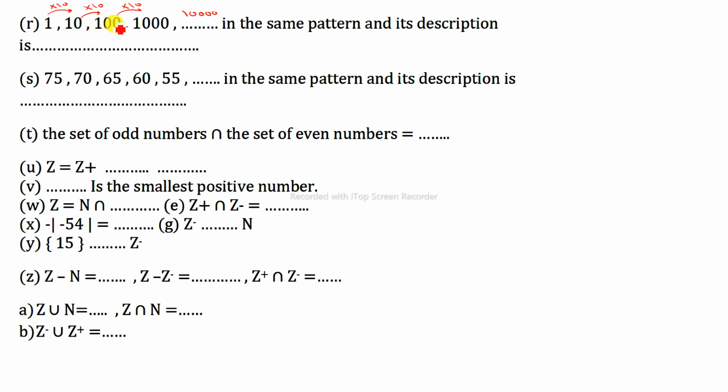Any number is equal to 10 times the preceding number, multiplying the preceding number by ten.